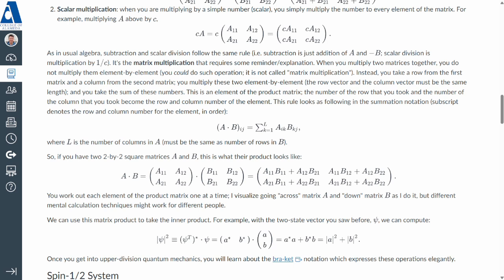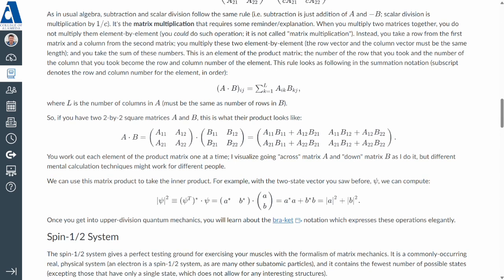So, if you have two 2 by 2 square matrices A and B, this is what their product looks like. On the screen are shown the product A times B, and the product of the two matrices results in the following elements. Row 1, column 1, A11 times B11 plus A12 times B21.